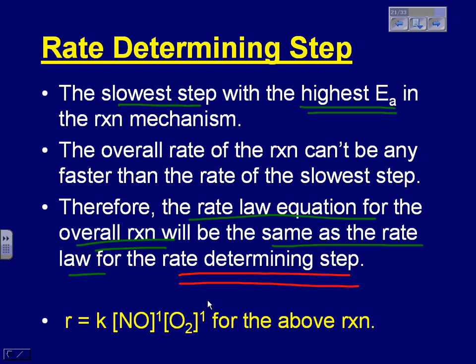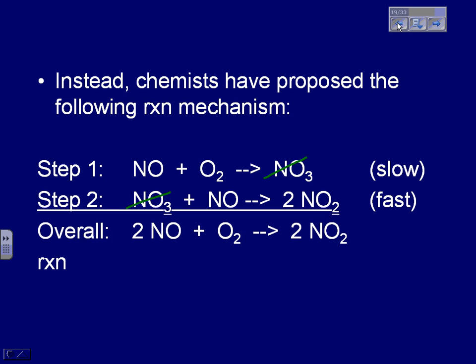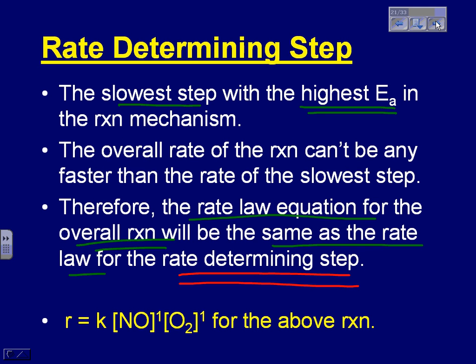And these ones came from these ones right here. So I'm going to stress that one more time. Because this is the slowest step, if I go back and I see that the coefficients are 1 for each of these things, then my coefficients for the overall rate law will be 1 and 1.